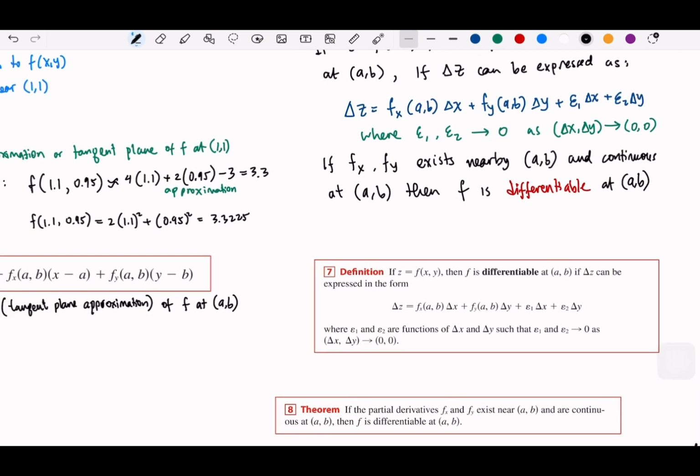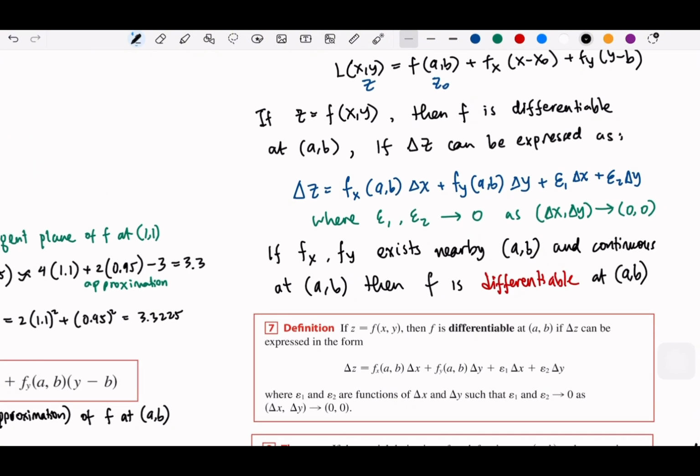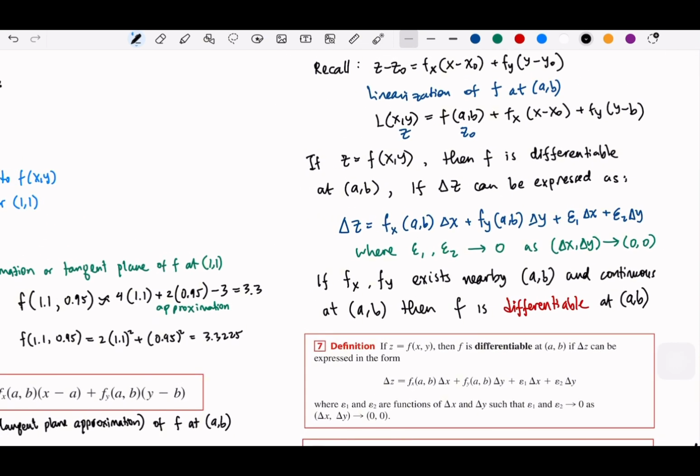Actually, you can take this in a simpler form if you want, but I keep this because you can see how much connection there is from linearization to what we have here in differential form. And how this epsilon can be 0 is similar to what we have in calculus 1, if you remember. In calculus 1, in single variable, we see that delta x is getting to 0, and that will affect the epsilon, which will also be 0.